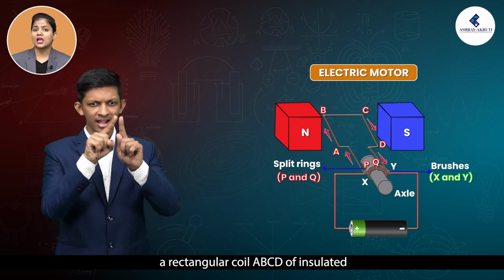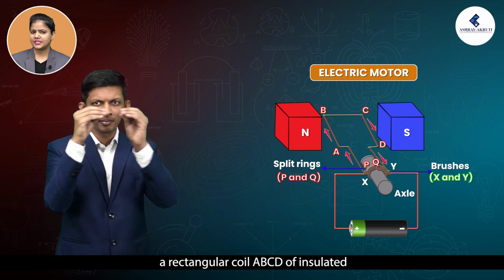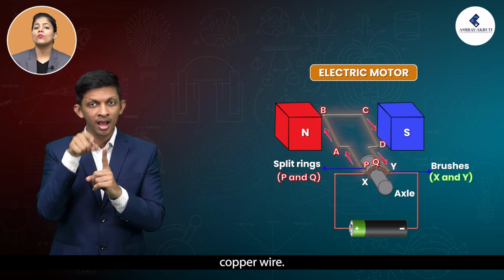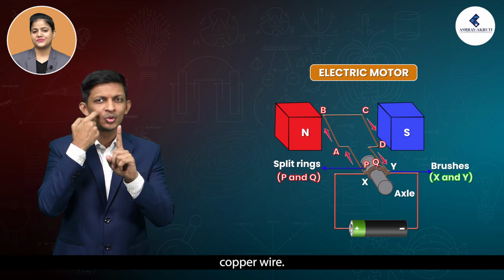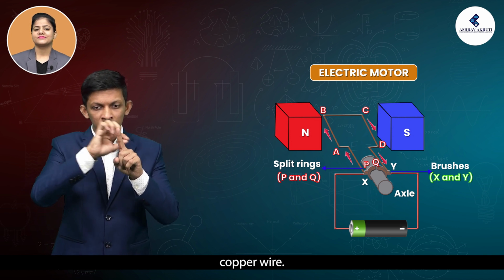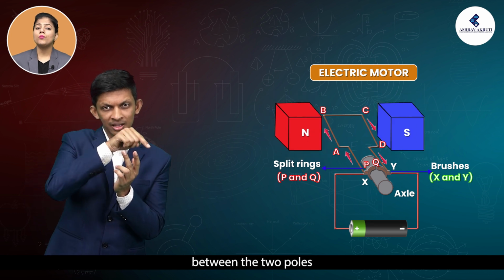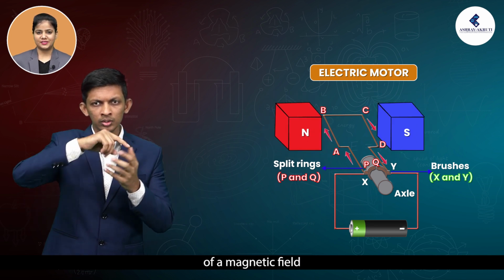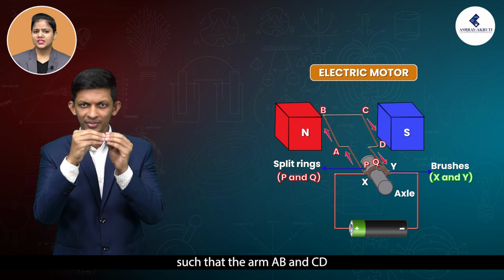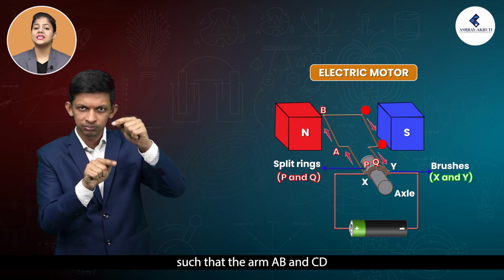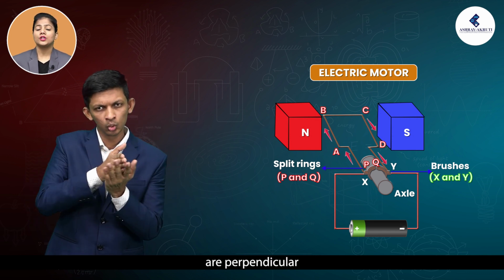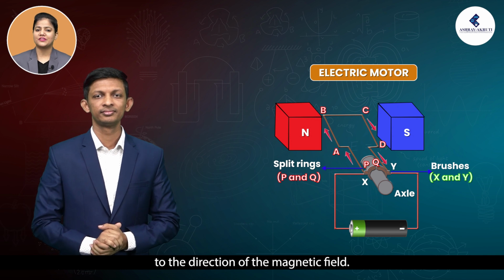Consider a rectangular coil ABCD of insulated copper wire. The coil is placed between the two poles of a magnetic field such that the arms AB and CD are perpendicular to the direction of the magnetic field.